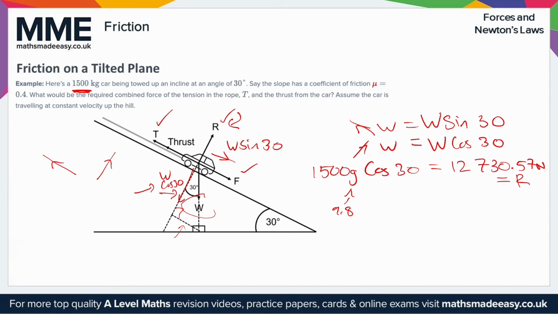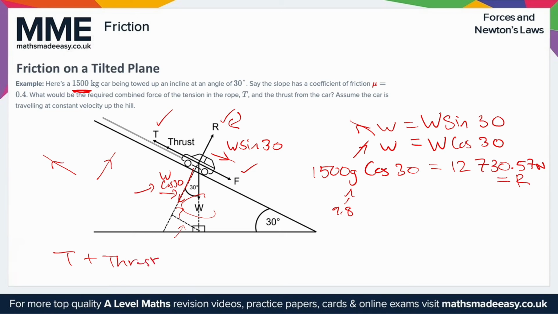Okay, so what do we need to work out now? How much does the thrust need to be? Well, consider the forces that are acting parallel. We have T, F, and then the component of the weight. So we'd have the T, which is our tension, plus the thrust.